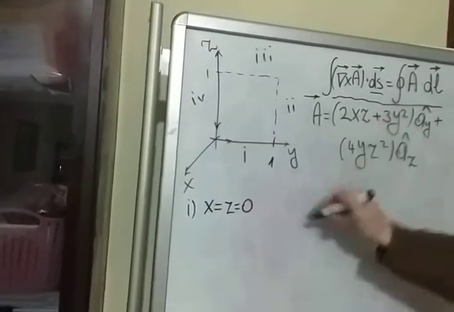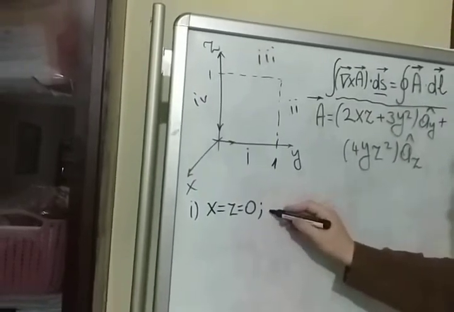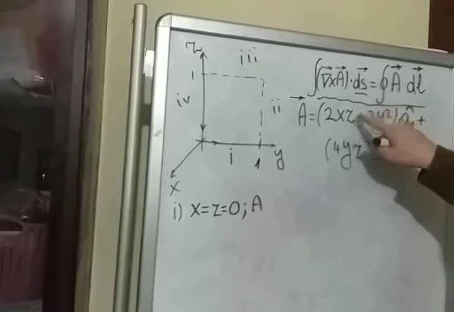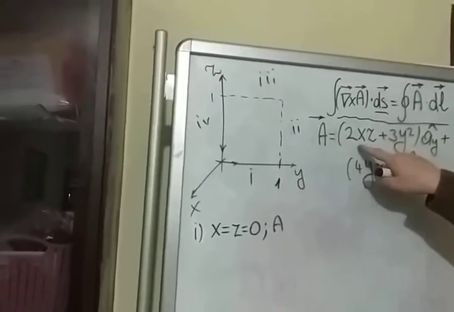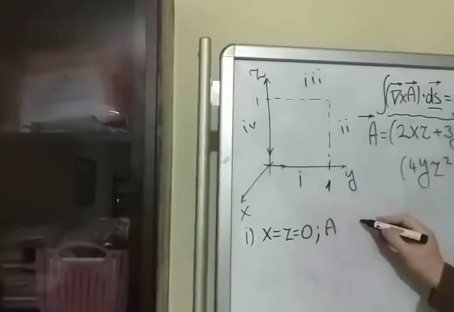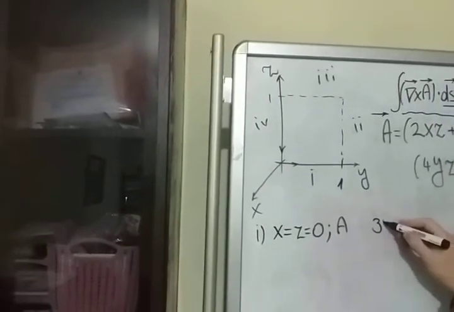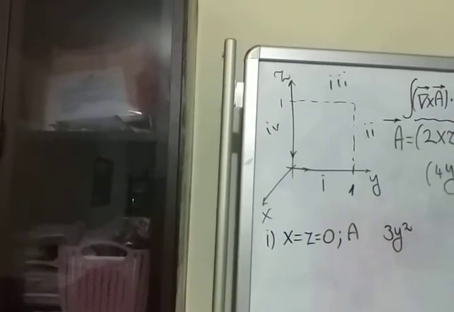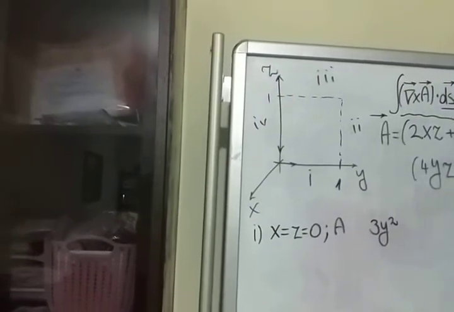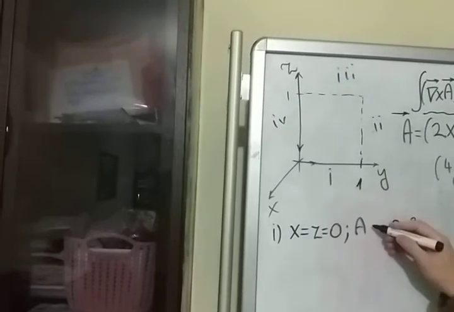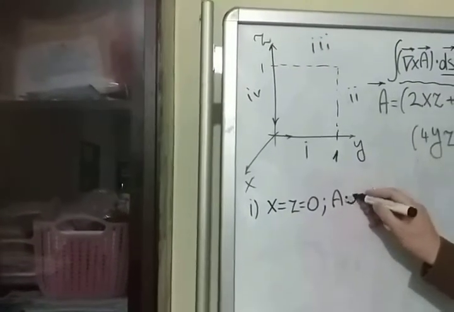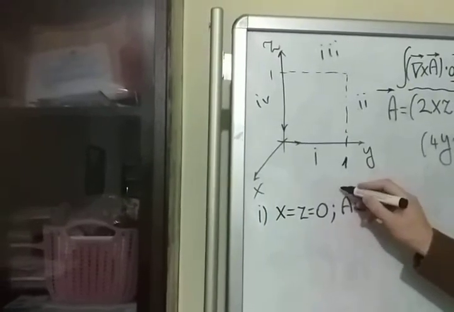So this is given as we move this way. If we substitute, then A itself is equal to, first x is 0, so this term will be 0, and we'll have only 3y squared. So 3y squared will be A, and if we take the dot product of this with dl, let's have a look.